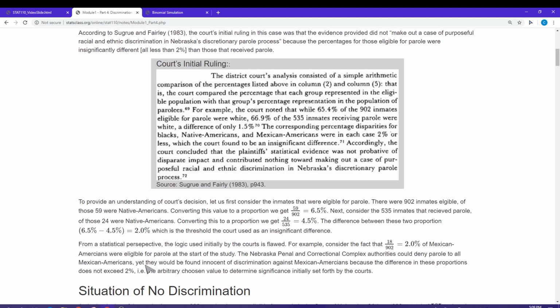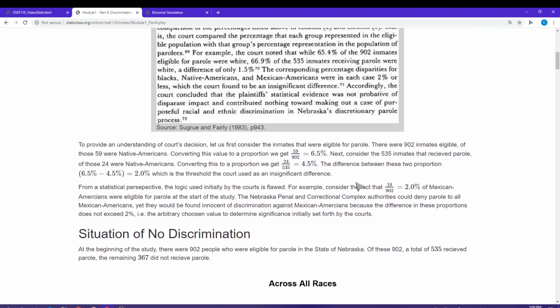So when we start comparing across ethnicities, there's actually a pretty substantial difference between whites and, say, Native Americans. And a similar thing was done with Mexican Americans.